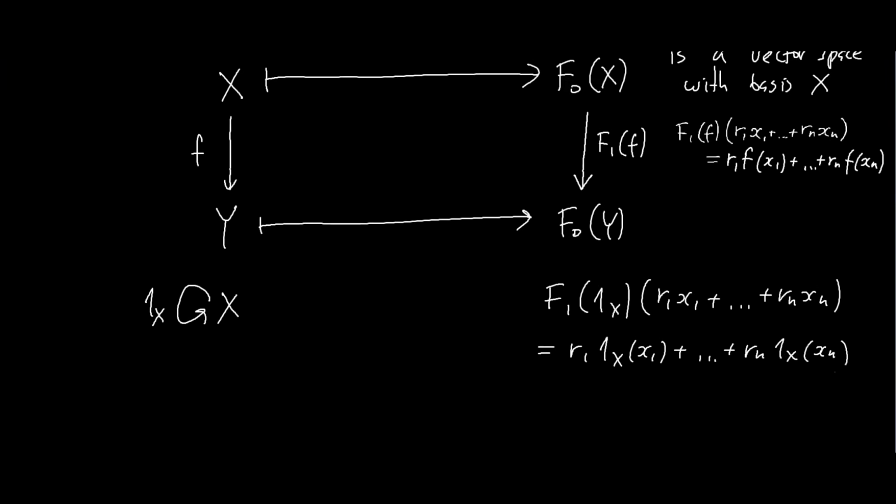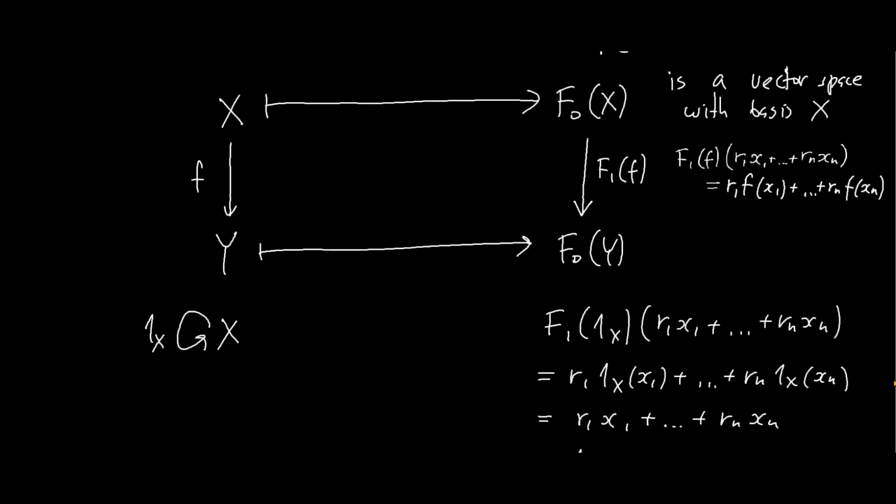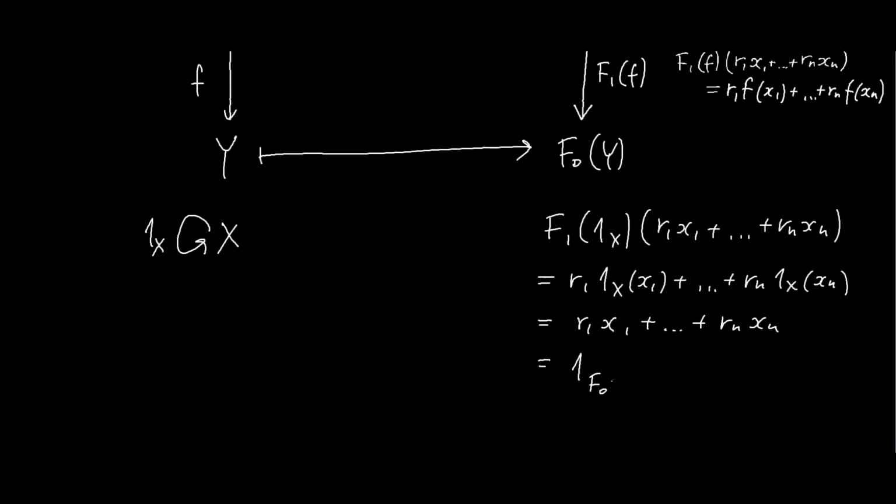And of course, the identity map maps everything to itself, so it's just this. So you see that this is in fact nothing other than the identity map of F0 of X applied to the same linear combination. Since the linear combination didn't change, it remained exactly the same vector. So identity maps are preserved.